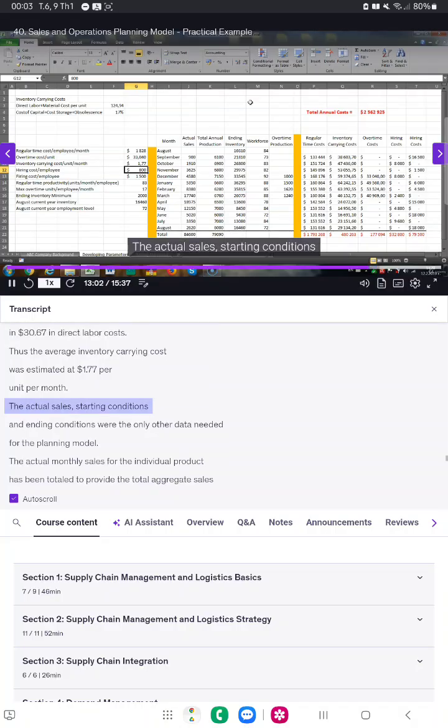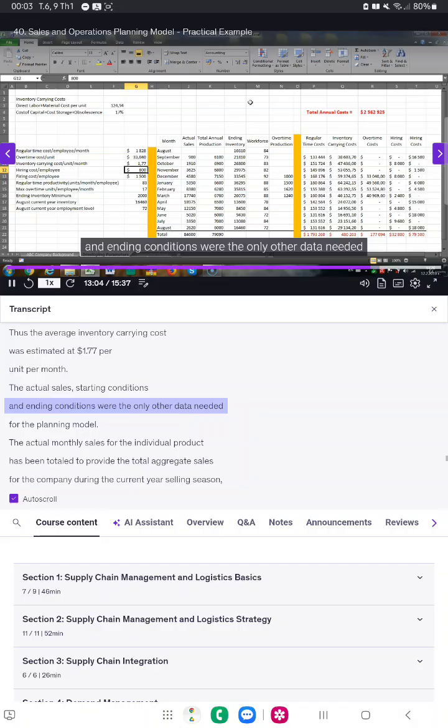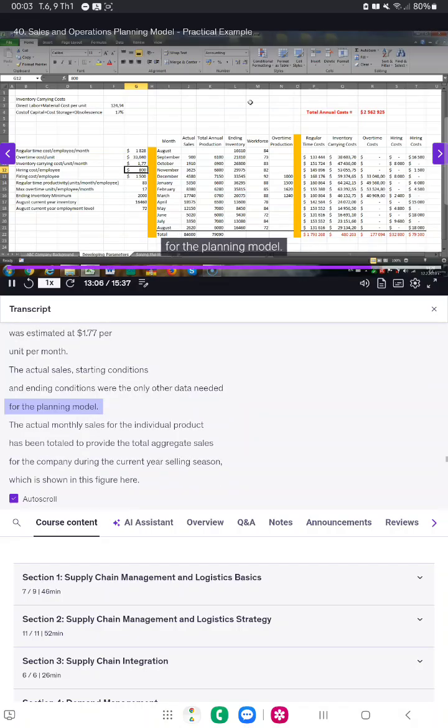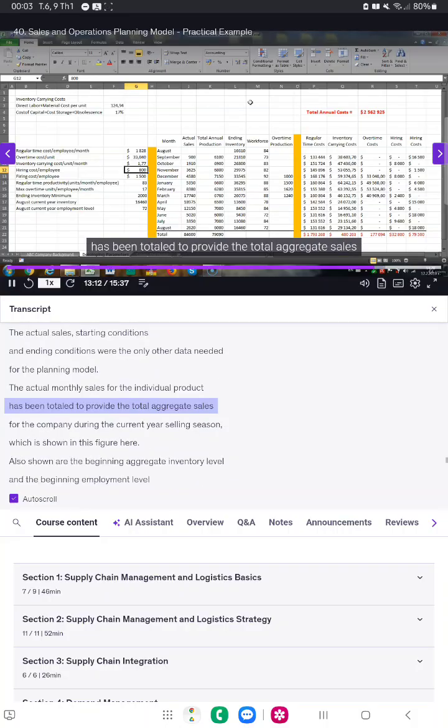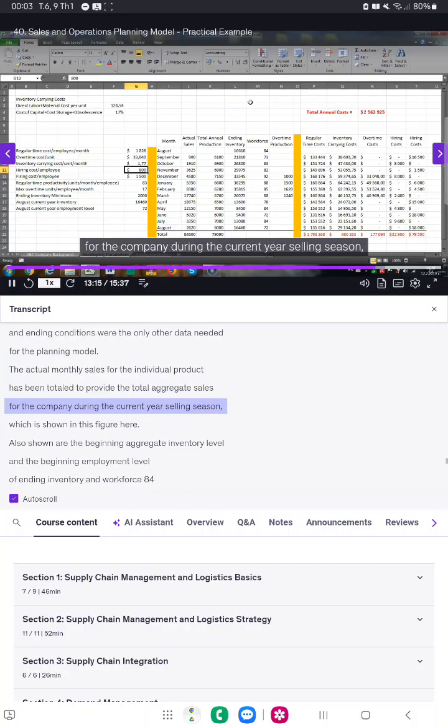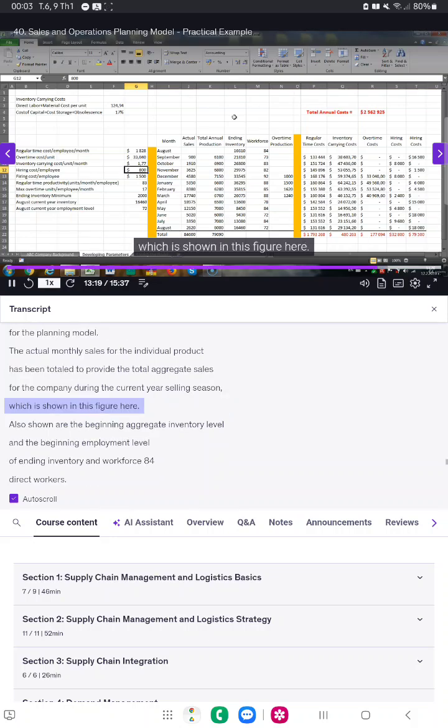The actual sales, starting conditions and ending conditions were the only other data needed for the planning model. The actual monthly sales for the individual products have been totaled to provide the total aggregate sales for the company during the current year selling season, which is shown in this figure here.